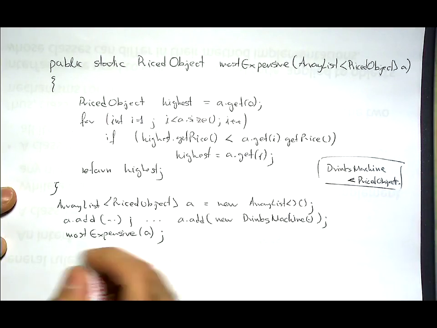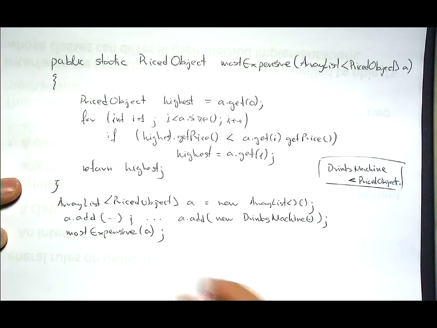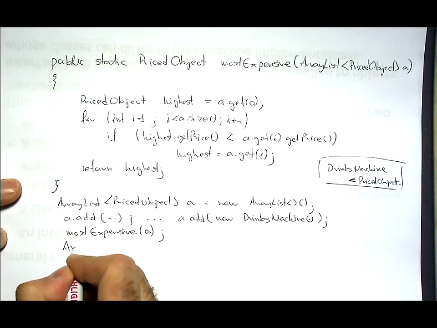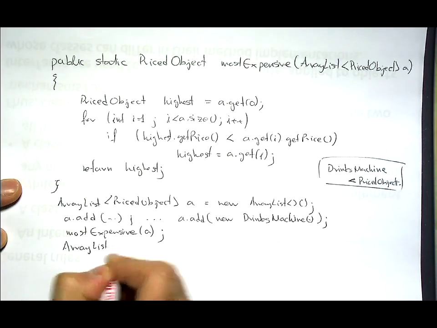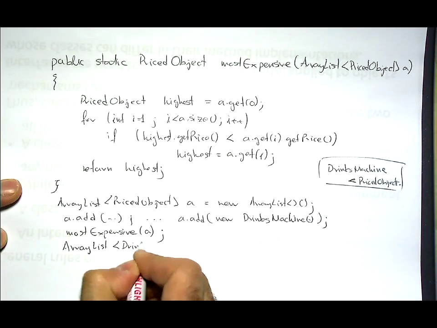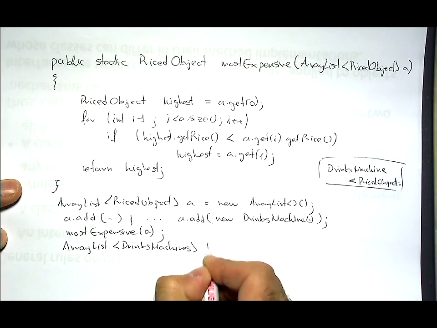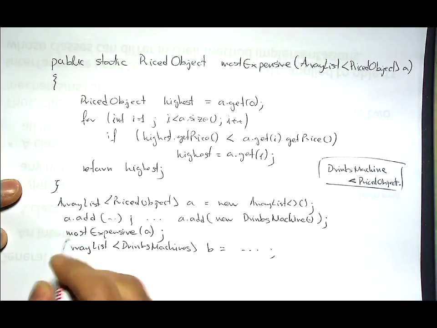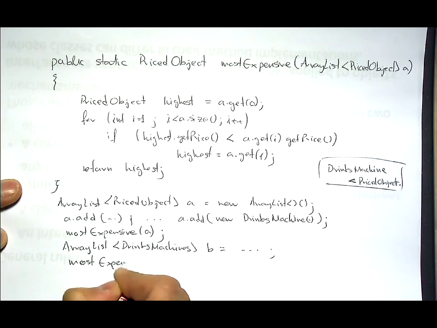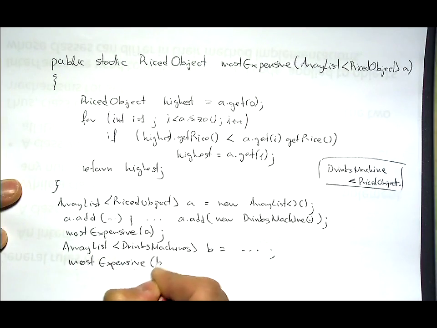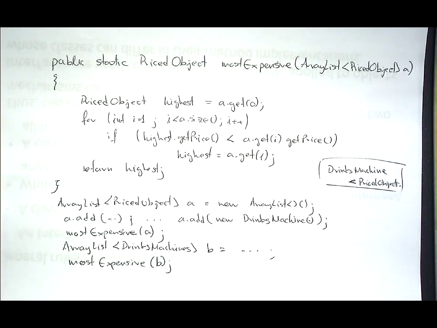Then can I define an array list of drinks machine, b equals new array list, and then run mostExpensive on b?